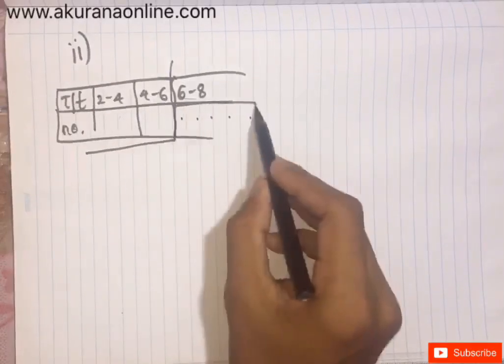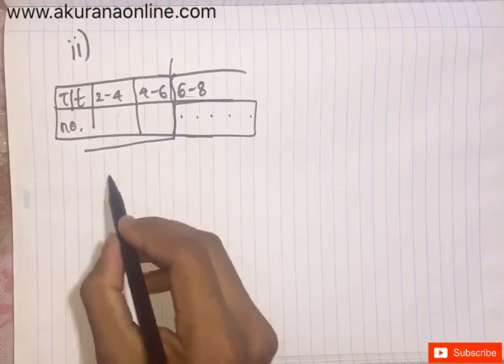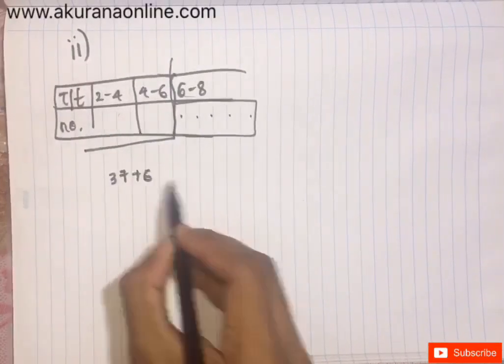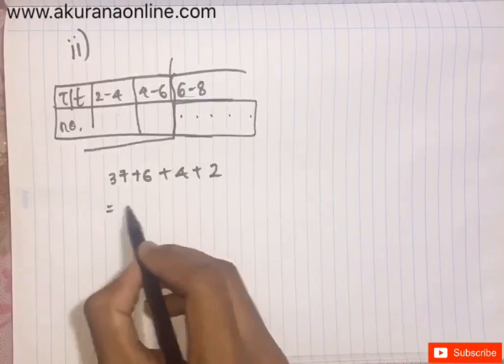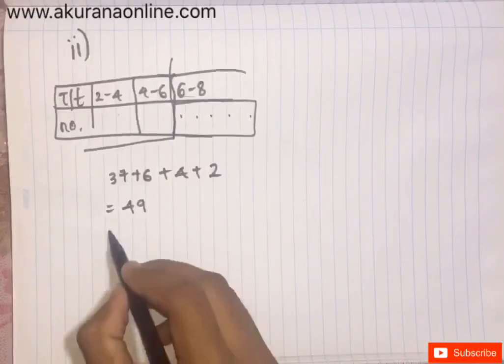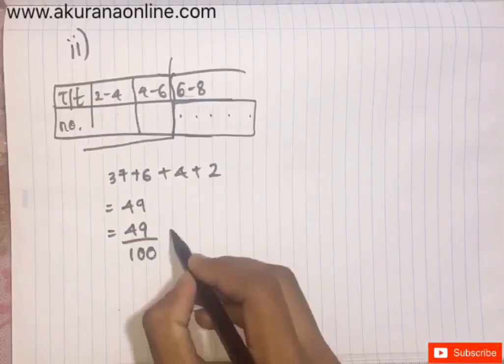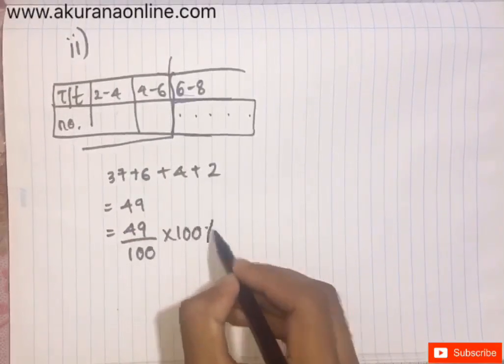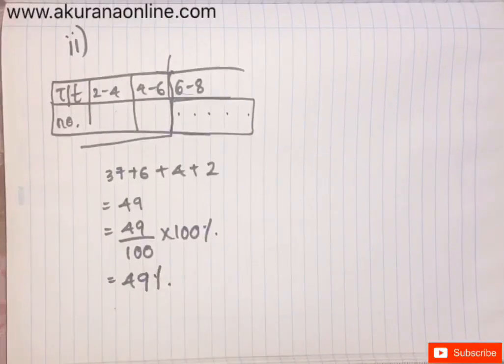Therefore, you have to find the total of this and find the percentage. So if you take the total, you have to add 37 plus 6 plus 4 plus 2. You get 49. Therefore, in order to find the percentage, 49 over total, that is 49 over 100 into 100 percentage. Therefore, the answer will be 49 percent.